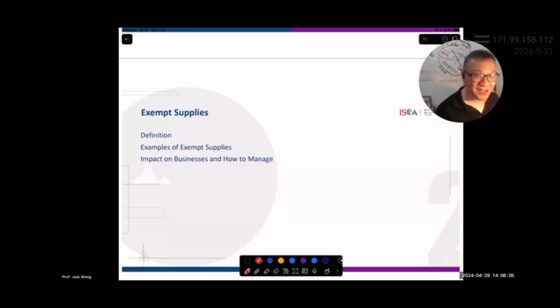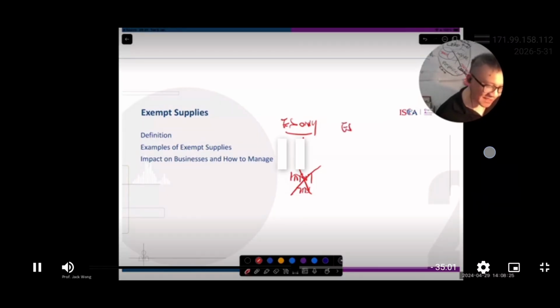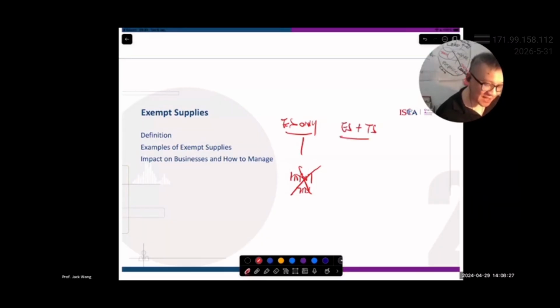Okay, so how would it impact and how do you manage? Again, there's a big topic on what we call residual input tax, which I believe another video or your materials will cover. I just want to highlight that if I'm making exempt supply only, then obviously I cannot claim back input tax. But if I'm making both exempt and taxable supply, then something might happen.